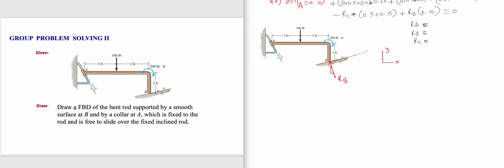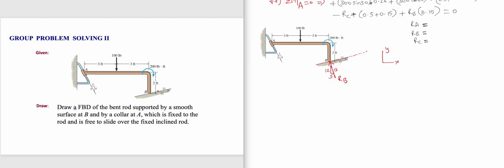If an inclined plane has a slope 12 on x and 5 on y, then the normal to the inclined plane will have a flipped version, which is 12 on y and 5 on x. Hypotenuse remains the same, 13. That's the slope. So we give the slope, we give the reaction. We are left with A. What about A?